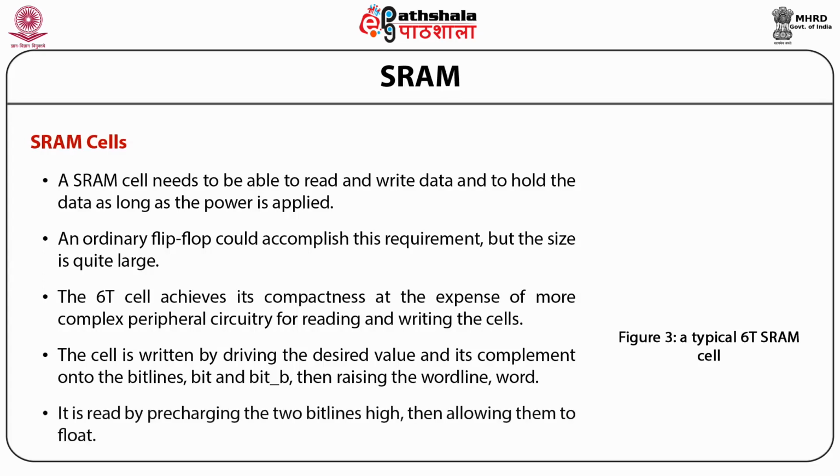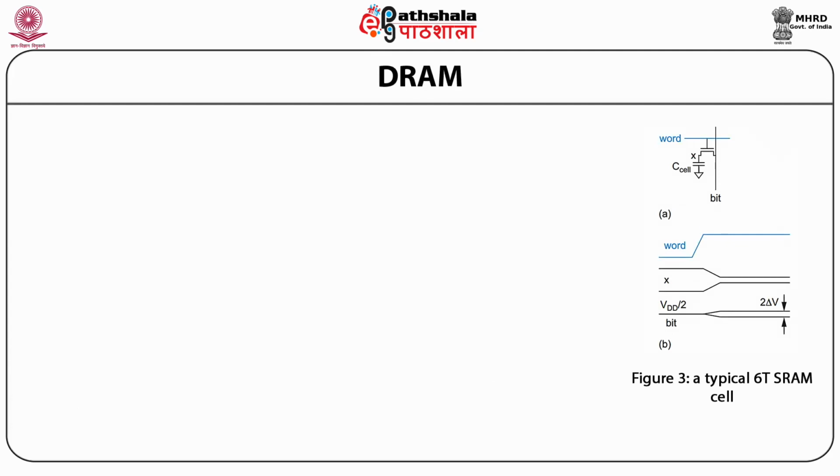It is read by pre-charging the two bit lines high, then allowing them to float. So when the word is raised, bit or bit_b pulls down, indicating the data value. DRAM.